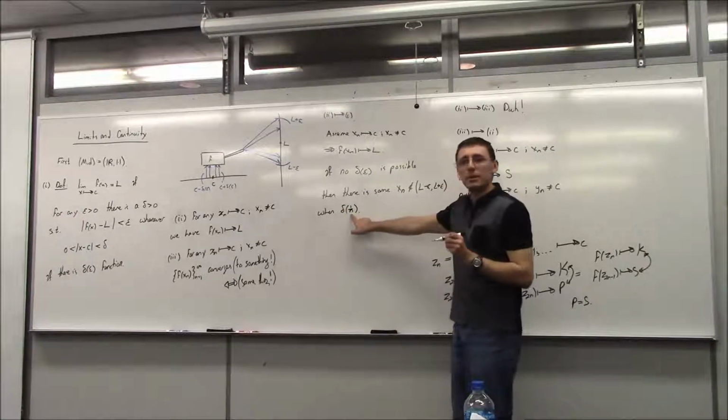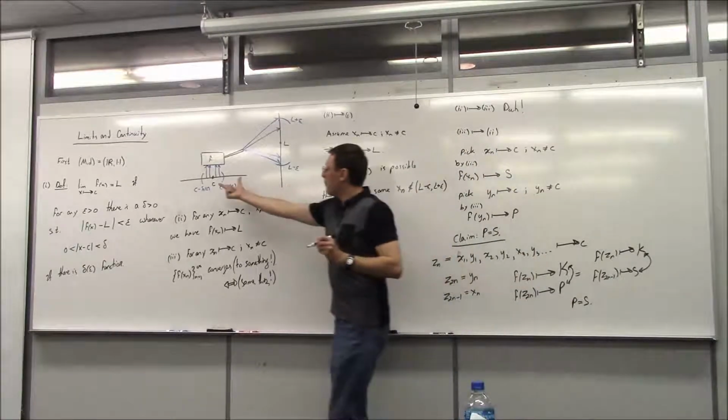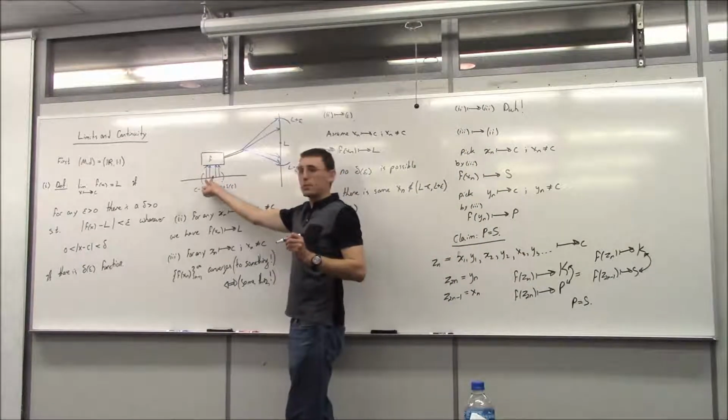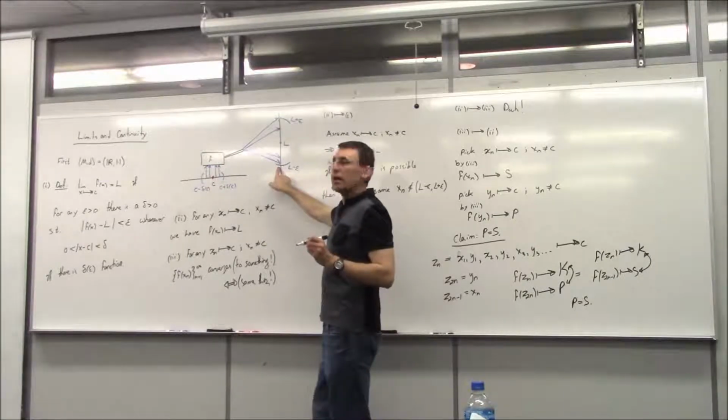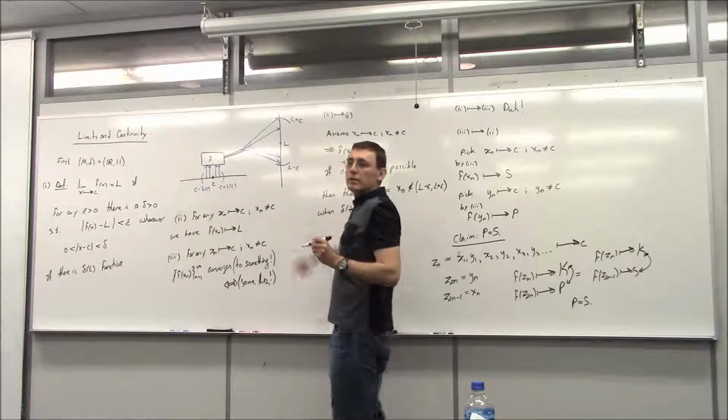Because you see what delta means, no matter how narrow I make my input pipe, there are always going to be droplets getting outside those barriers, L plus epsilon, L minus epsilon.